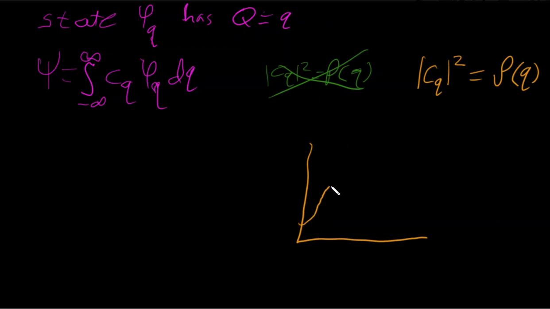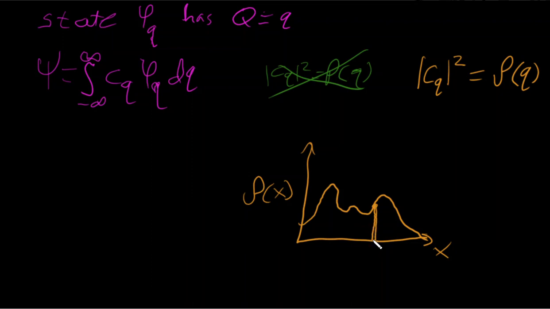So if I've got a graph that looks something like this, this is our x-axis, and we'll deal with position for right now. This is the probability density of landing at that position. If I have a point right here, I can't really define a probability at that one point.